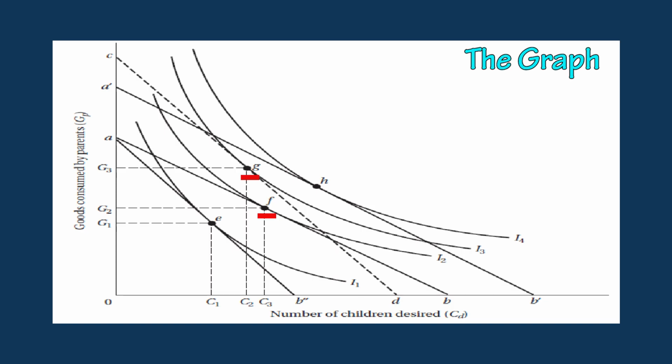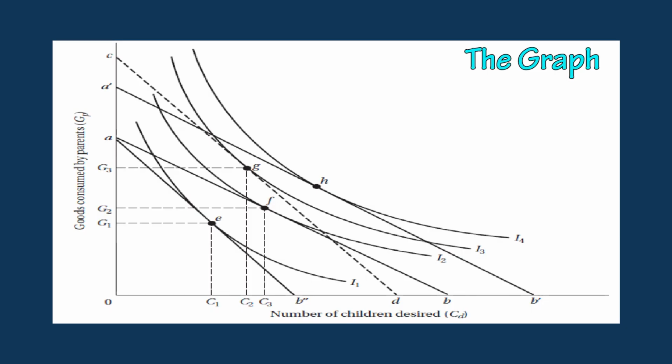First let us focus at point F on the budget line AB: as per indifference curve I2, at point F you can observe a consumer equilibrium. On the x-axis we are measuring the number of children desired, and on the y-axis goods consumed by parents. The household's ability to purchase alternative combinations of goods and children is shown by the budget constraint line AB.